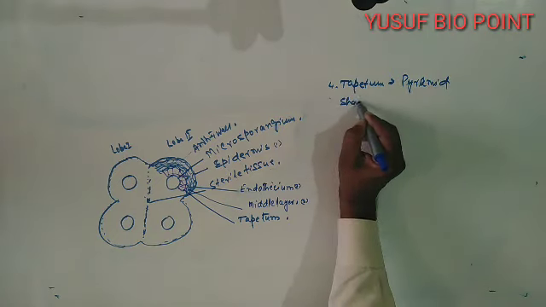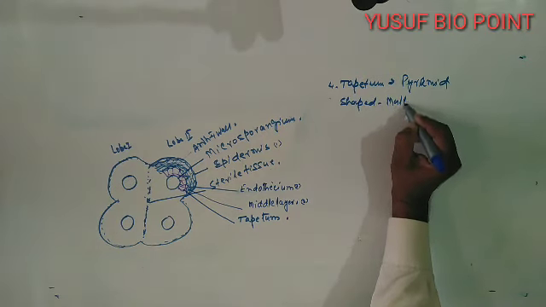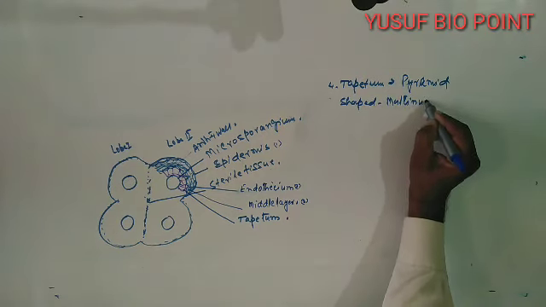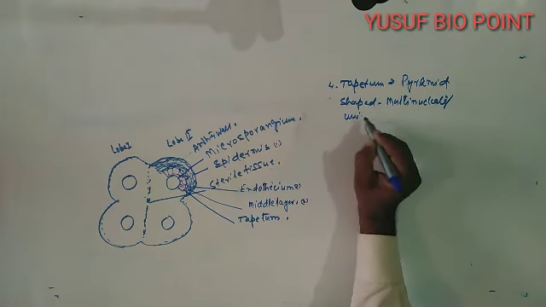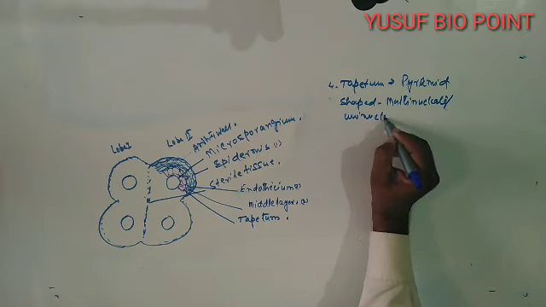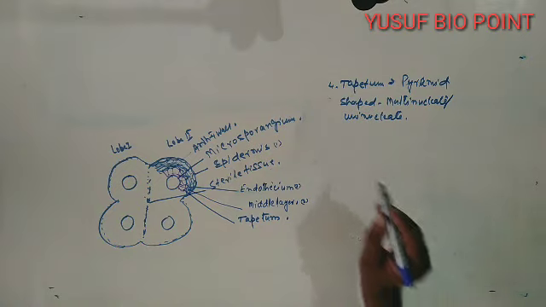Pyramid shaped, usually multinucleate. In some cases, the uninucleate is also found. If uninucleate, the nucleus is big in size.